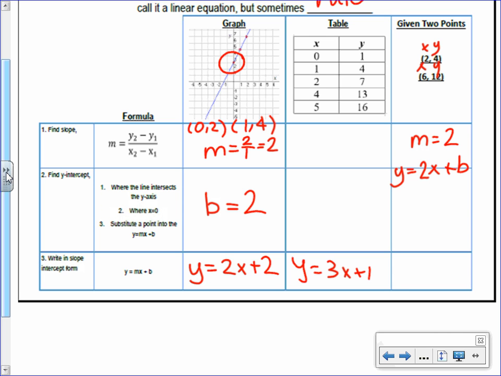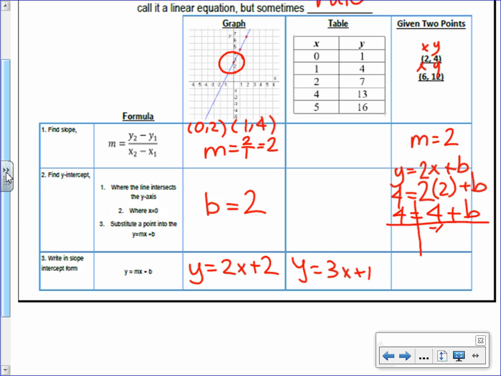So I can say 4, because y is 4, equals 2, x is 2, plus b. And I know how to solve that. That's just a one-step equation. What is 2 times 2? 4. So 4 equals 4 plus b.